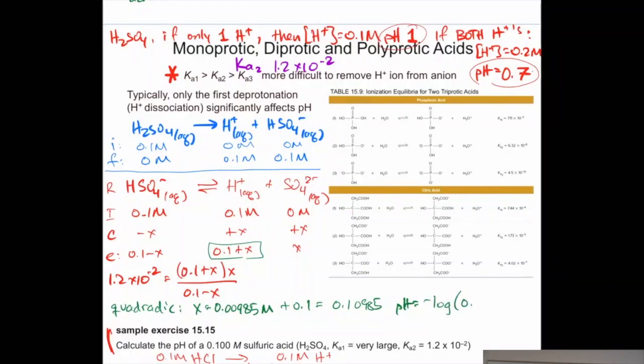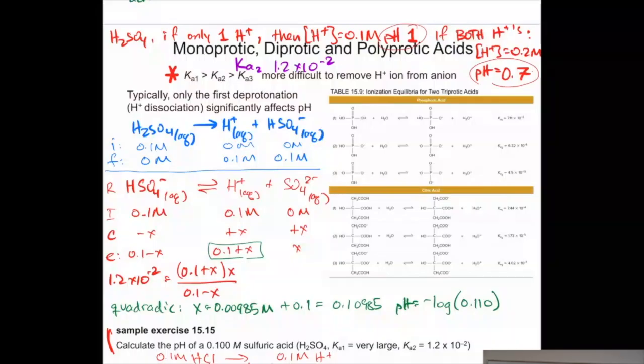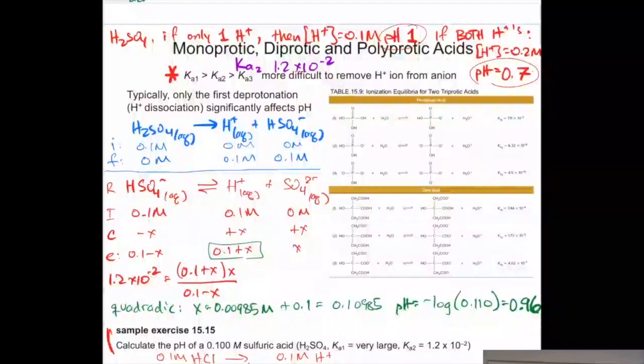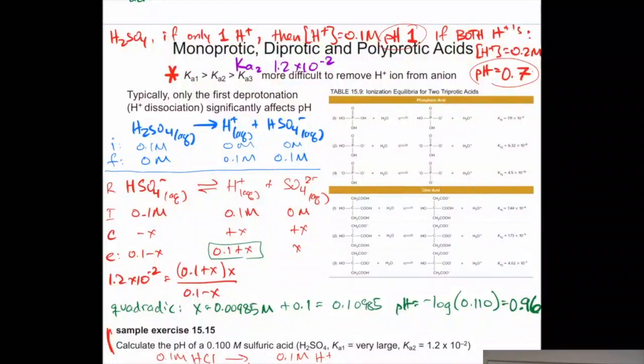I'll just round that to 0.110. Okay? Sorry, 0.96. Does that make sense? So it is between those two numbers, but it's very, very close to 1. It's much closer to what we get from losing the first mole of H plus than if we lose both of them.